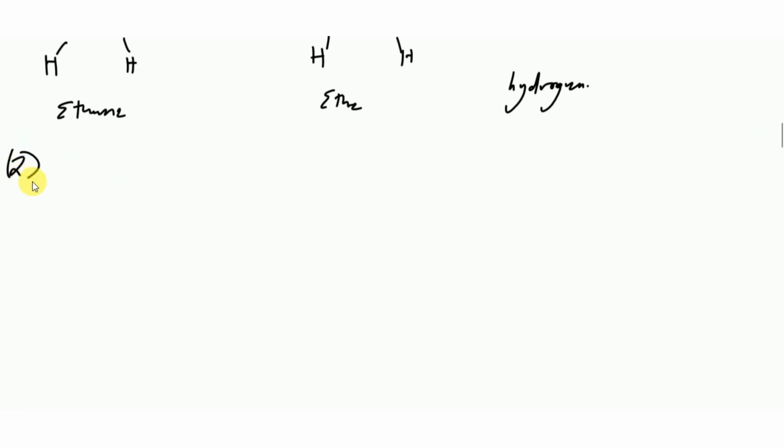So the second point, we're going to look at combustion. The alkenes also undergo combustion, and they undergo two types of combustion: complete combustion and incomplete combustion. So we're going to start with the first one, which is complete combustion.